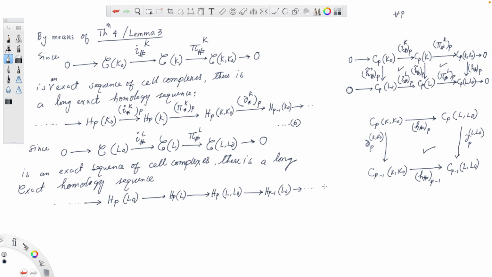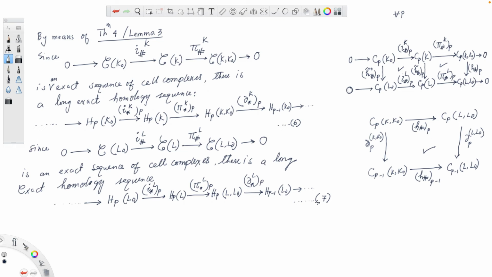This is also a long exact homology sequence, and the group homomorphism from HP of L0 to HP of L is I star L at P, and the group homomorphism here is pi star L at P, and this is nothing but delta star L at P, this homology boundary homomorphism. Okay, so we denote this long exact homology sequence by 7.